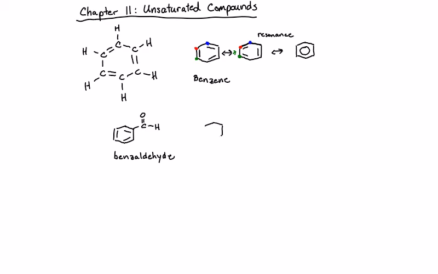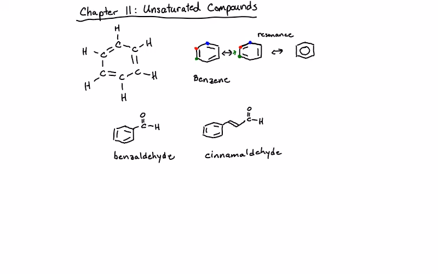Now, related to that, we could put a double bond in between the benzene ring and the aldehyde, and we wind up with cinnamaldehyde. And I think you can deduce from the name what that is the smell of.